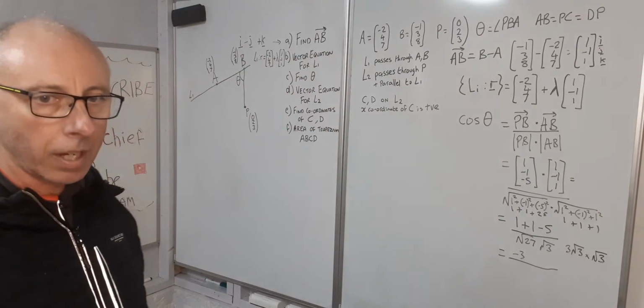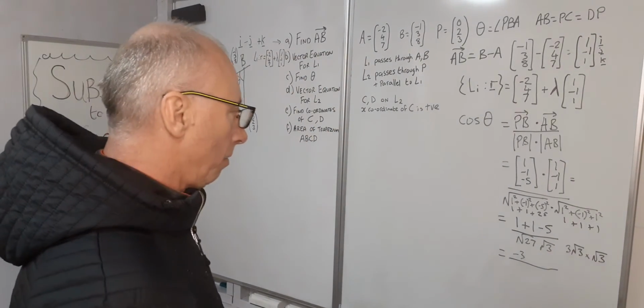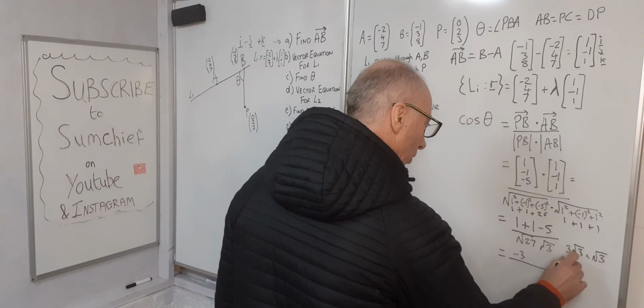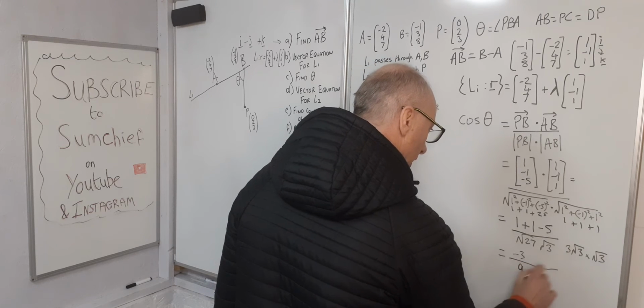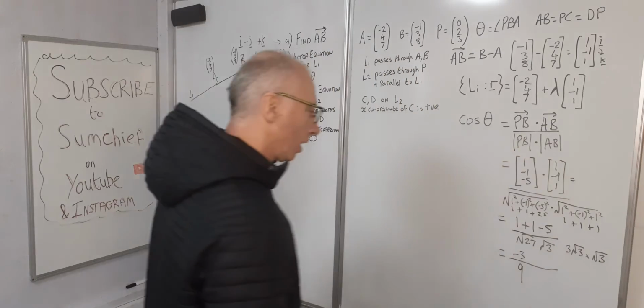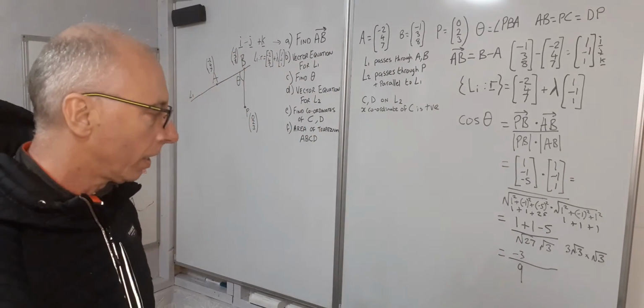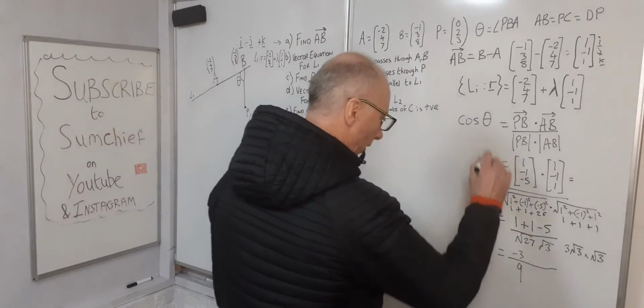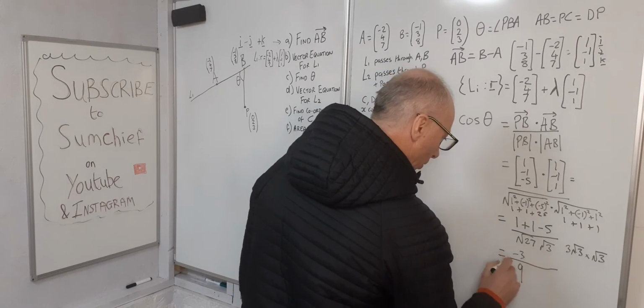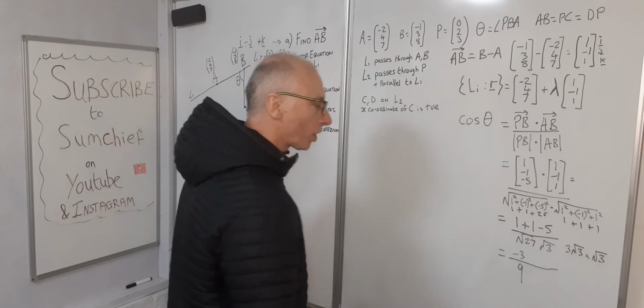So minus 3, and 3 root 3 times 3 is 9, because root 3 times root 3 is 3, times 3 that's 9. That's minus 3 over 9. And as it's cosine theta, we can also say it's 3 over 9.